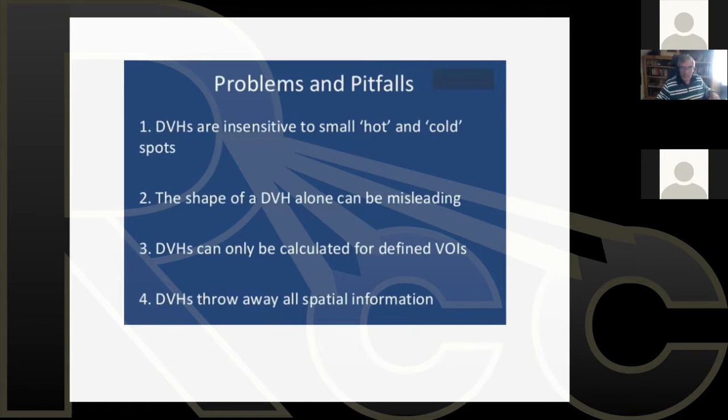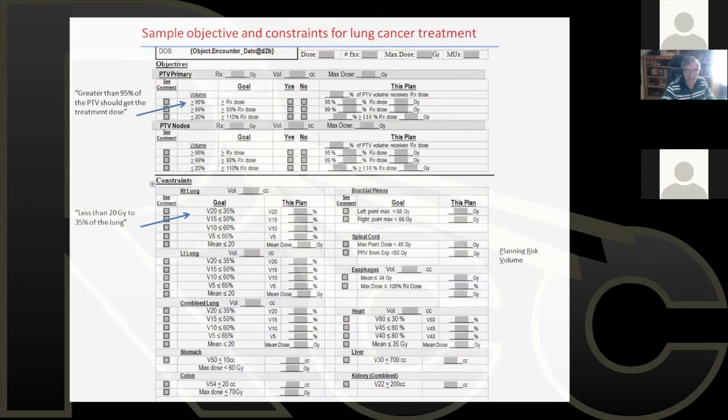By that I mean it doesn't show you where in the target the high doses are. It doesn't show you where in an organ at risk the high doses may be. So it's very important to know how to read these dose volume histograms and watch the shape of the dose volume histogram.